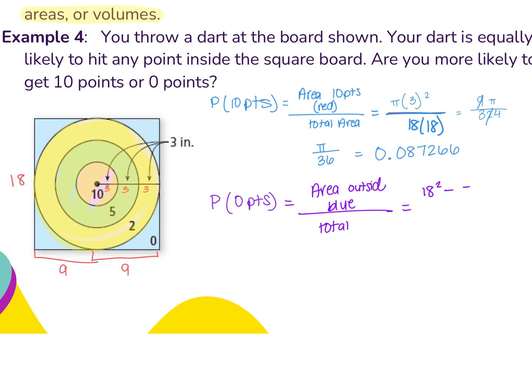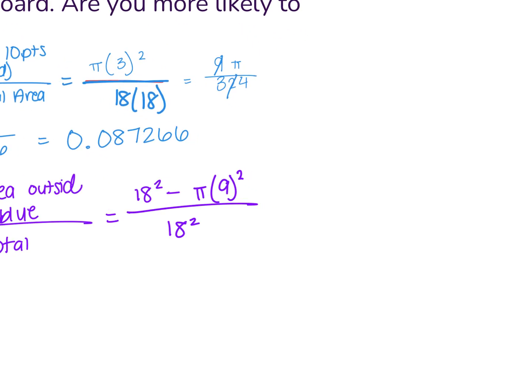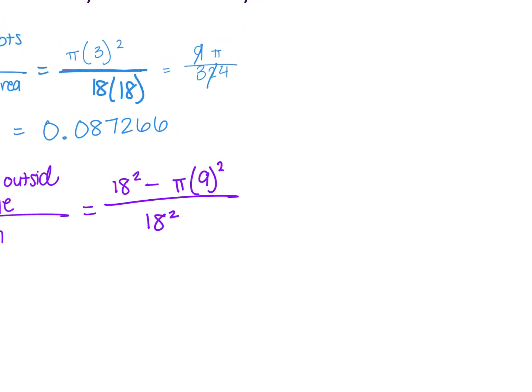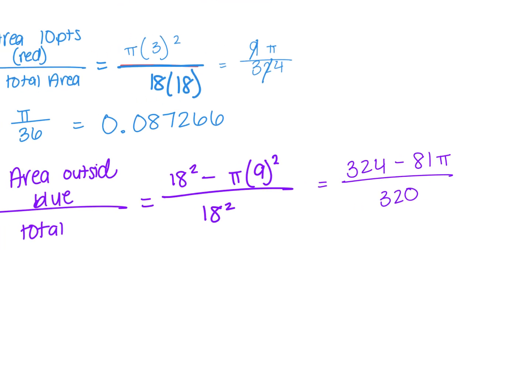It's pi times radius squared. And what's my radius for my big circle? 9. Good. And I'm squaring it over 18 squared. So solving this, do not cancel out those 18 squareds. I'm going to end up getting 324 minus 81 pi over 324, and I'm solving this.